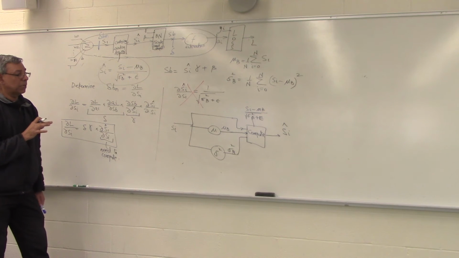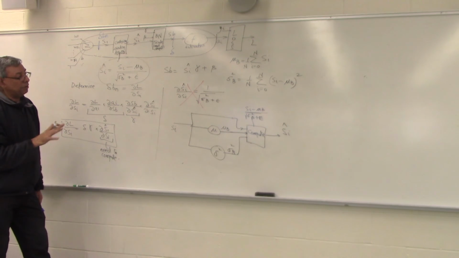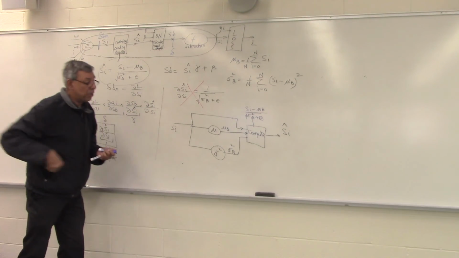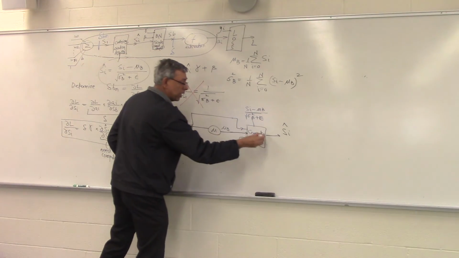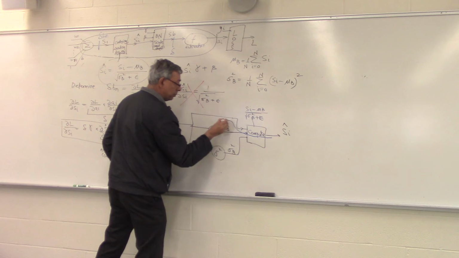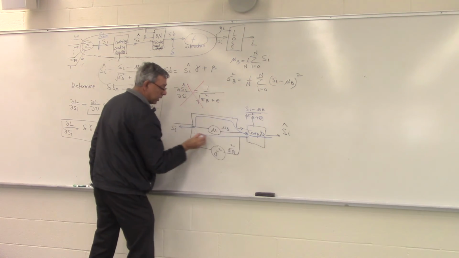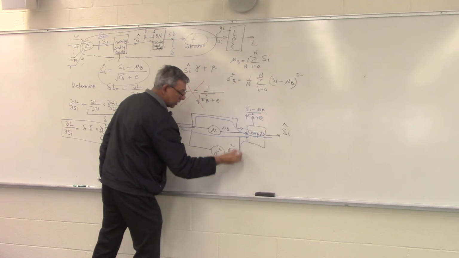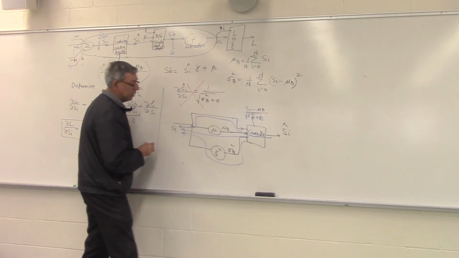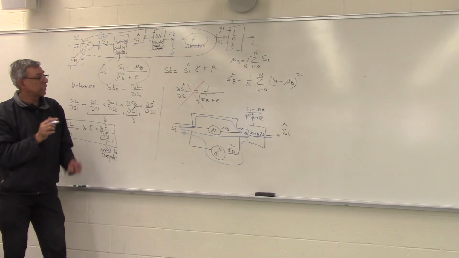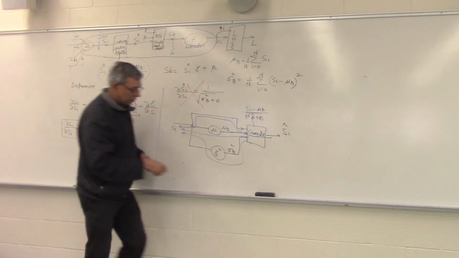The minute you draw this picture, how many gradient paths are there on the back propagation? If we are doing back propagation, you'll see there will be one gradient through here, one gradient through here, and one gradient through here. So this has to be the sum of all three gradients.